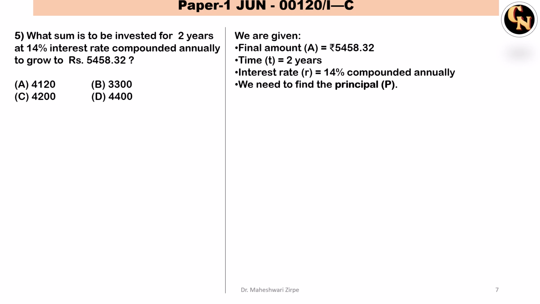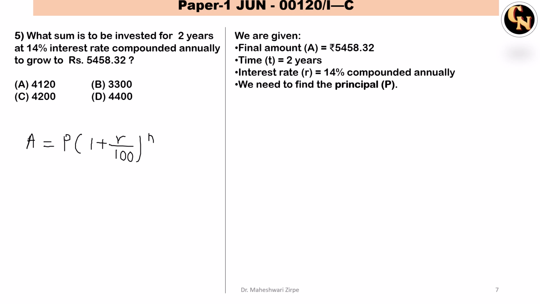Now let us write the formula. Amount, as we know that A is equal to how much? A amount is equal to P into bracket 1 plus R upon 100 raised to N, or time also you can write. So here amount is given to us. How much is the amount?